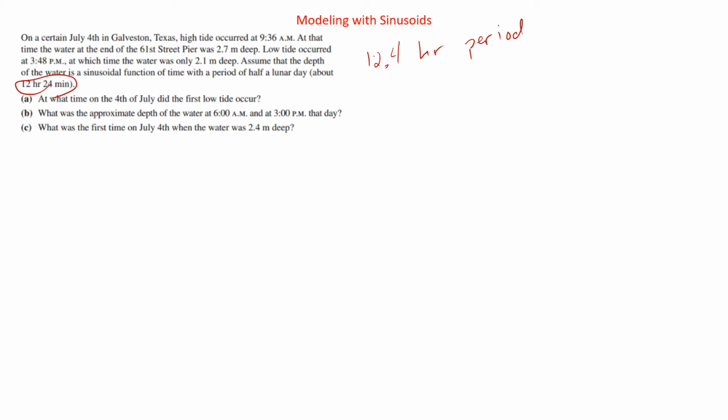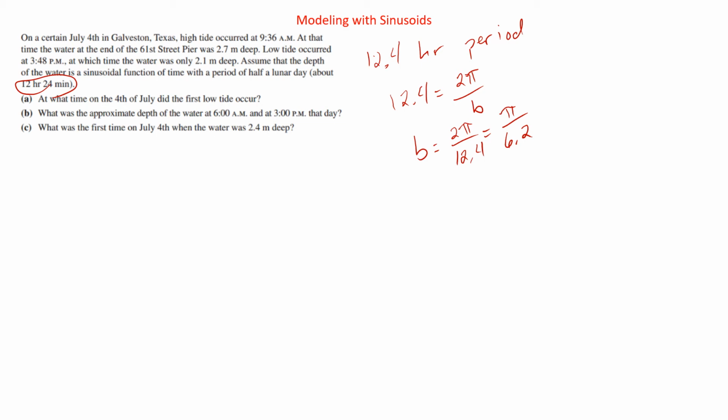With that, we could find B, because we know that the period is going to equal 2 pi over B, which means that B is going to equal 2 pi over 12.4, which could be pi over 6.2, or we can make a decimal for that if we really needed to. It's going to be about 1/2, right? Because pi is 3.1-ish, so it's going to be really close to 1/2.